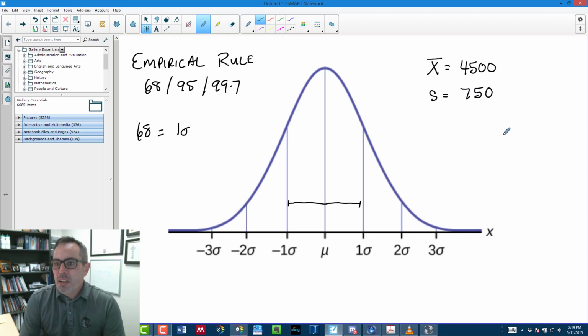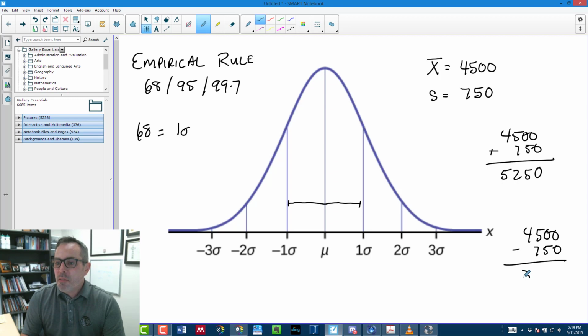So it's just a matter of adding $750 and saying, well, I've got 5,250, as well as subtracting $750 and saying 3,750. So those are the two values, 3750 and 5250, right? Because it is 1 standard deviation above and below.